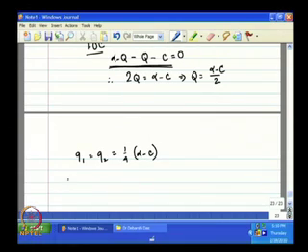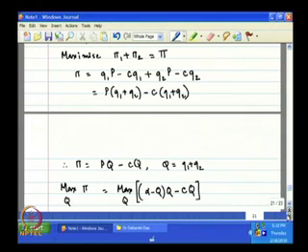What about individual profit? Individual profit will be half of the total profit, right? Half of total profit. What is the total profit here?